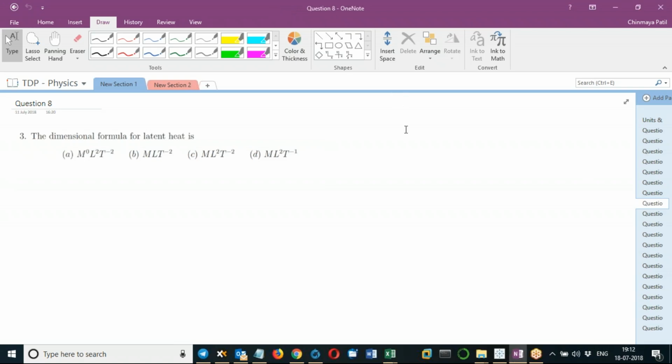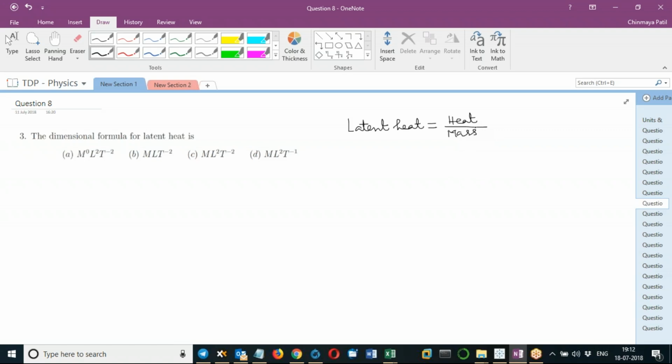So what is latent heat? Latent heat is nothing but heat per mass. So we can write here that latent heat is equal to heat divided by mass.